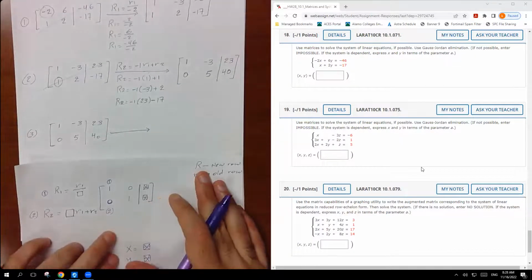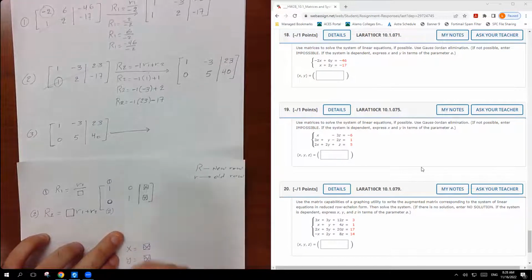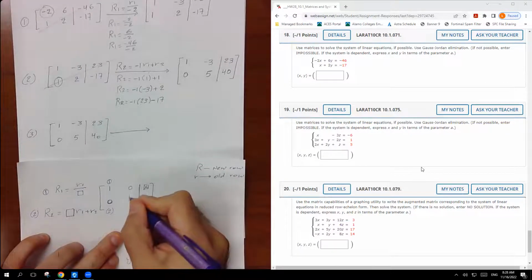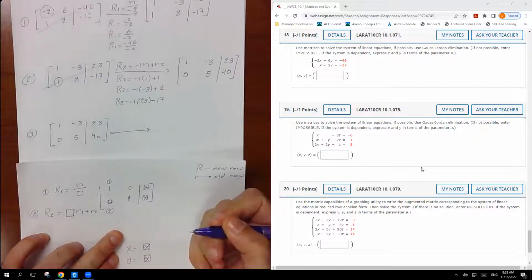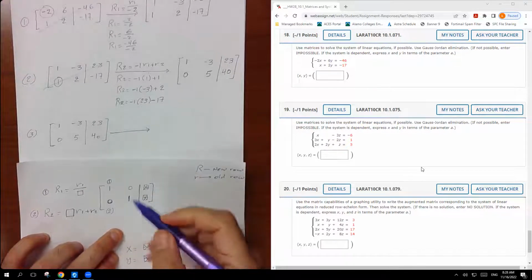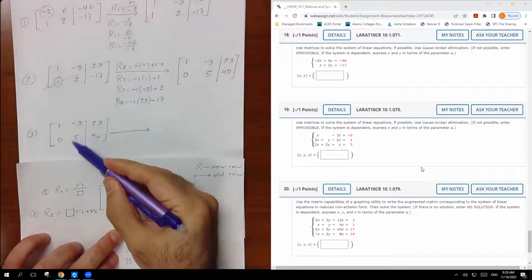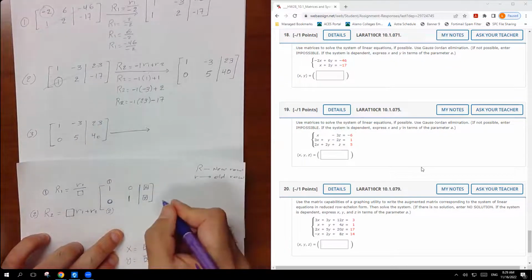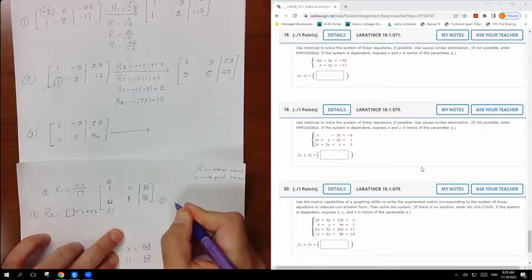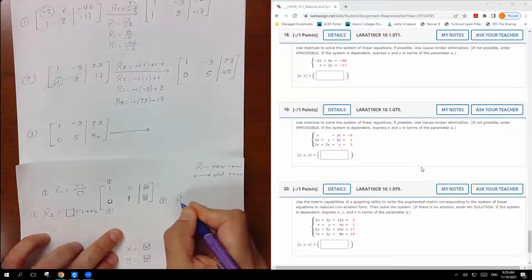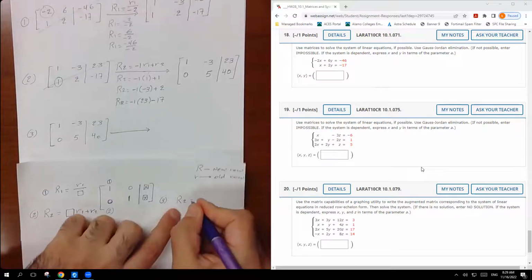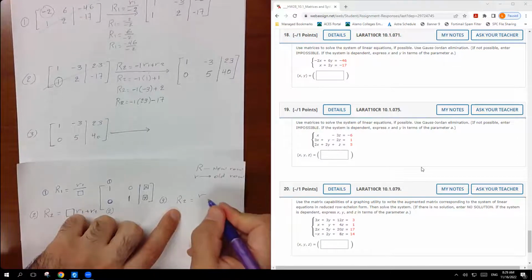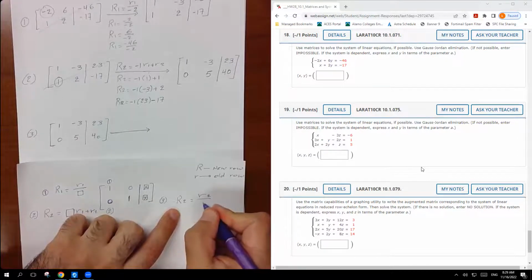So step 3 is going to be the element on this location. The element on this location on this matrix is this number. We need to convert this number to 1. So in step 3, you're going to get a new R2 by dividing the old one by a number.